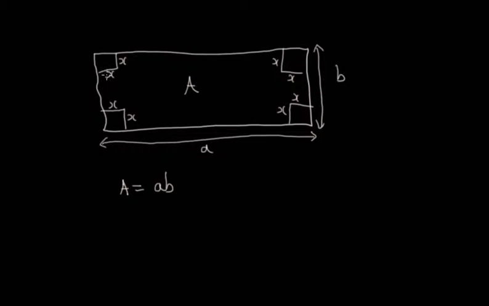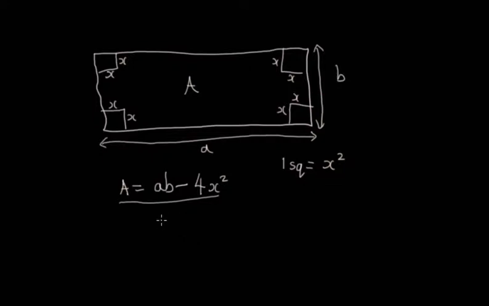But we're taking away 4 of these little squares. So for one square, the area is X times X, which is X squared. But there's 4 of them. So we're going to have to take away 4X squared. So this is the area that we want.